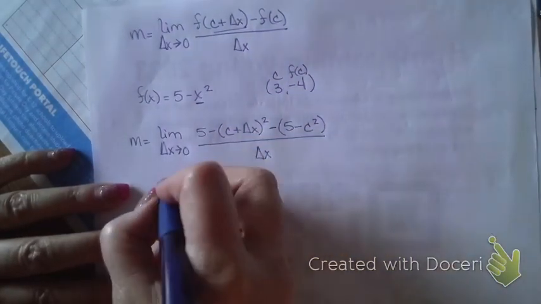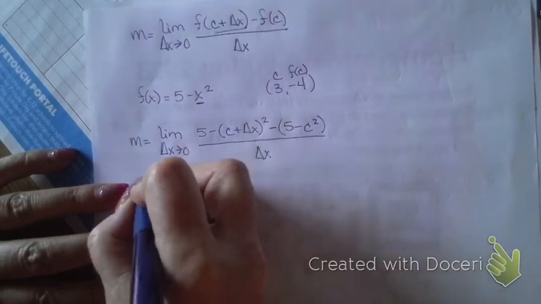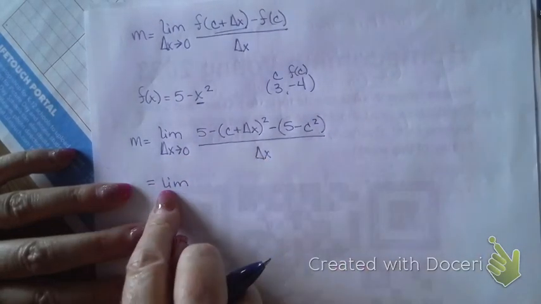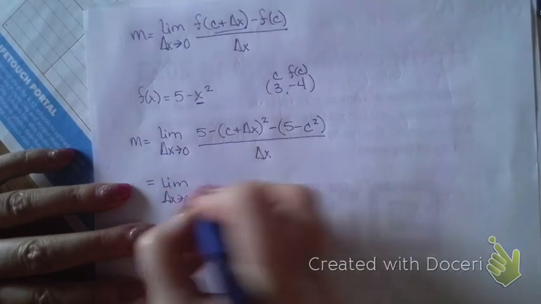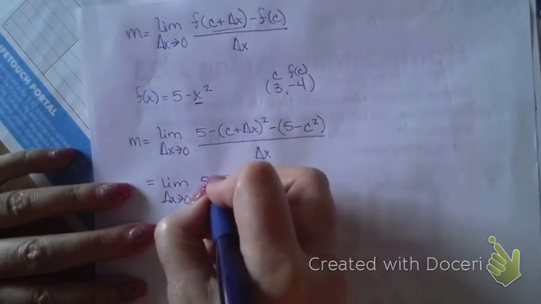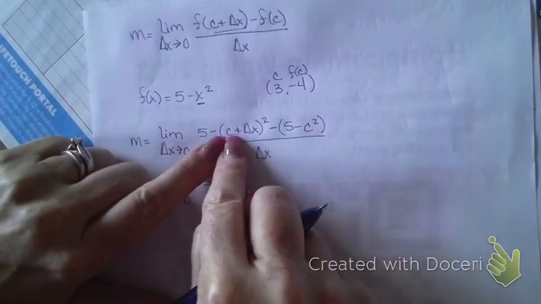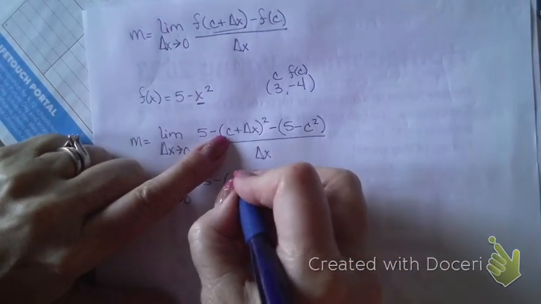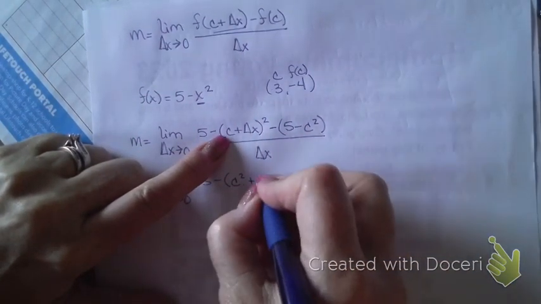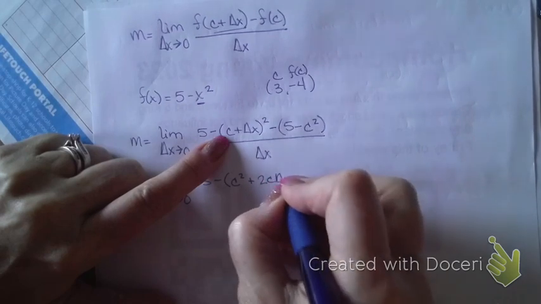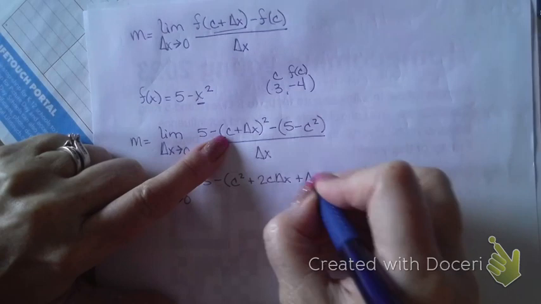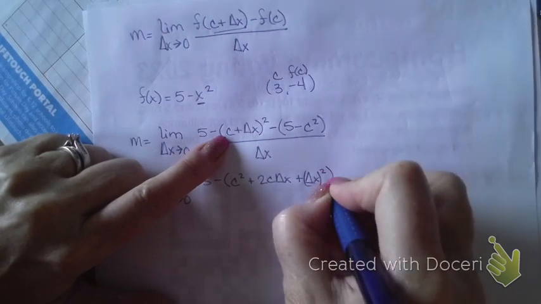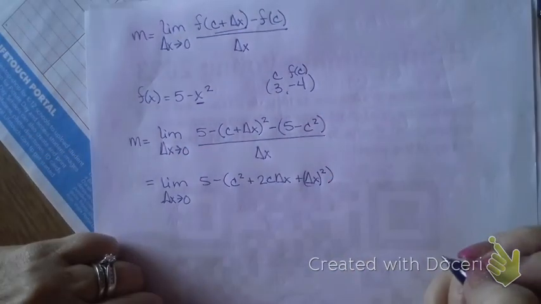Usually I'll just write limit. I don't keep writing that, but I get bored of it. So I have 5 minus, and I got to FOIL this out right. So that'd be c squared plus 2c change of x plus change of x squared. Wait, why do you put the other one with its own little thing?